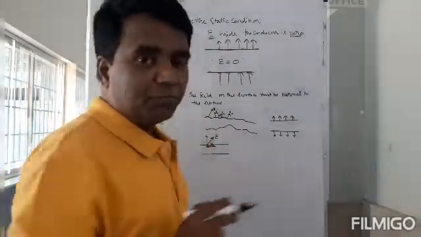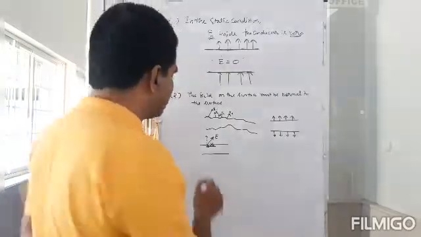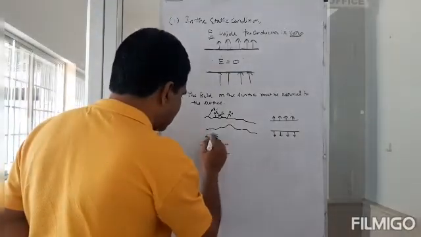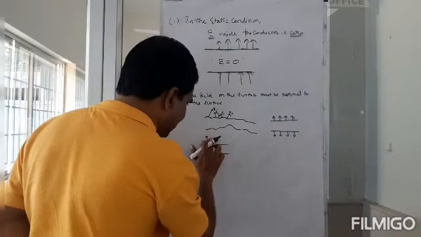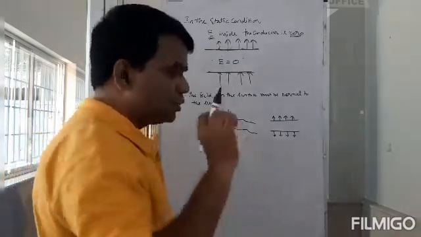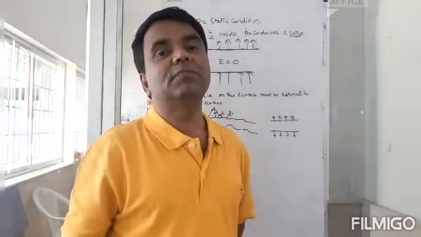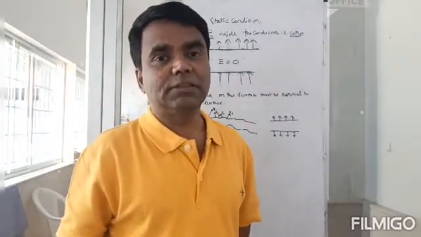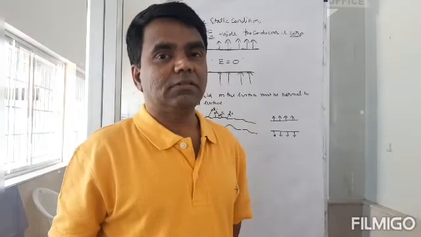The horizontal component cannot exist, so only the vertical component can exist. So you can never have an E like this. E can only be perpendicular to the surface of a conductor. So that is the second point.